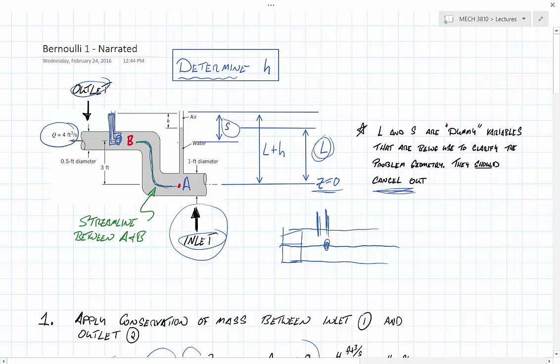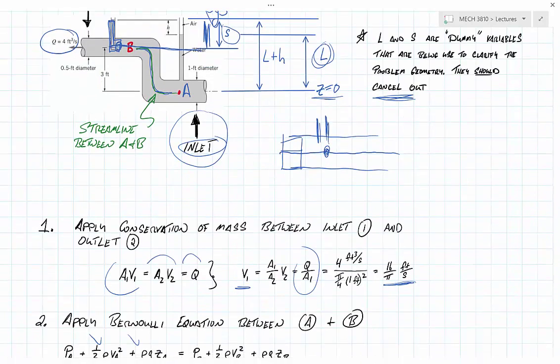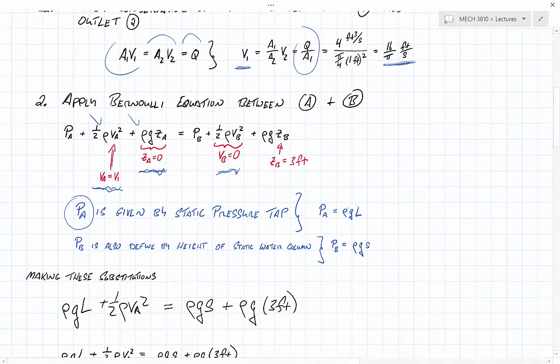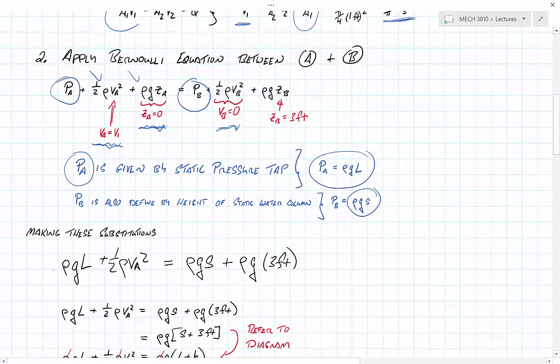So the value of the pressure at B is given by the hydrostatic pressure, rho g S, which is what we have written down here. Okay, so we take those two values and substitute rho g L in for PA and rho g S in for PB, and this is what we're left with.